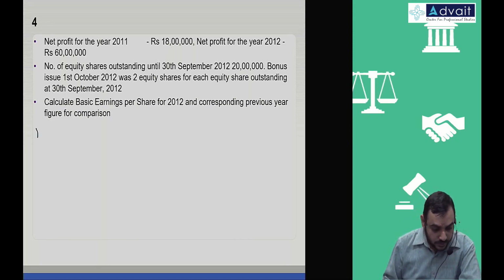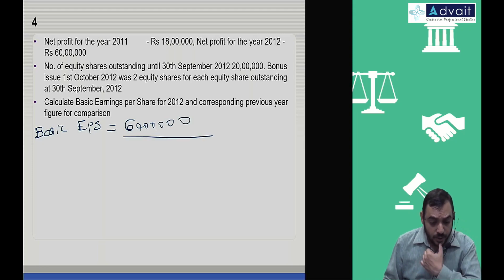So basic EPS is profit divided by number of shares. Profit for the year 2012 is 60 lakhs, divided by number of shares, which were 20 lakh, but that is before the bonus issue.